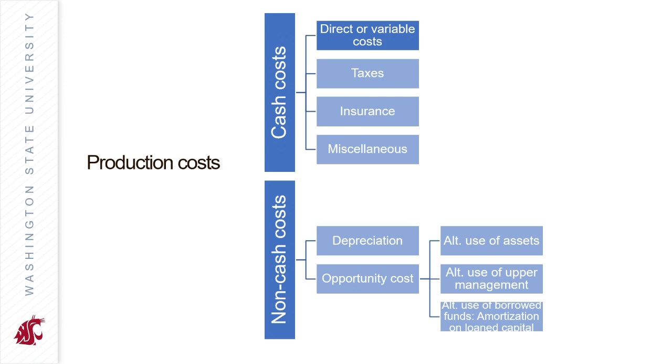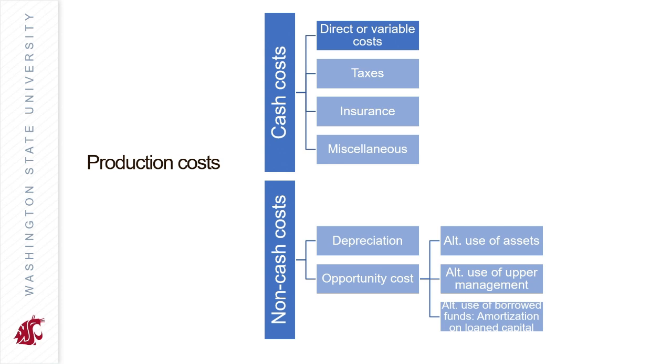Some people don't like to include them, but we include it no matter what, because it gives an idea of if investing in this alternative is the best use of my capital, of my money. So we include these opportunity costs, comprising alternative use of assets, alternative use of your labor and management, and alternative uses of the borrowed capital. Okay, so those three are the opportunity costs.